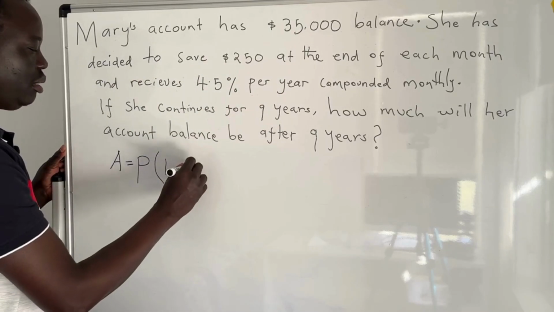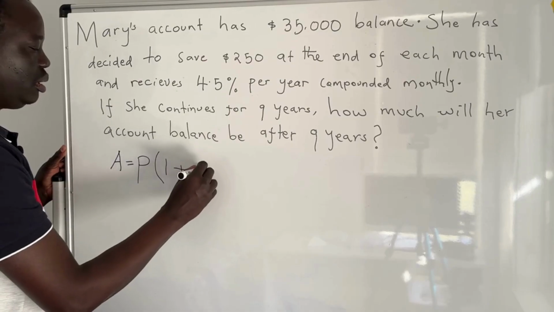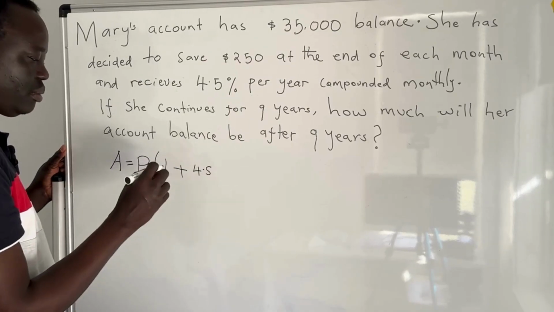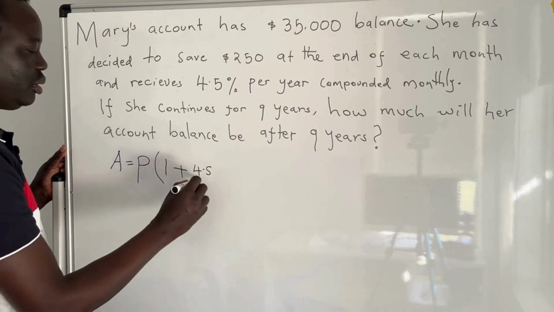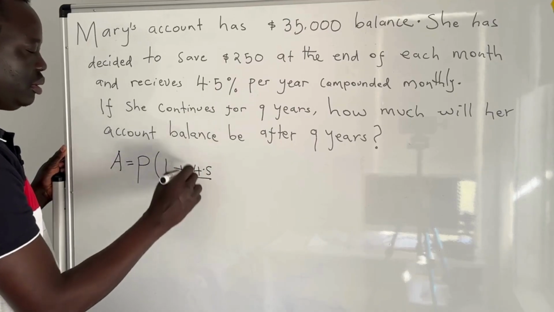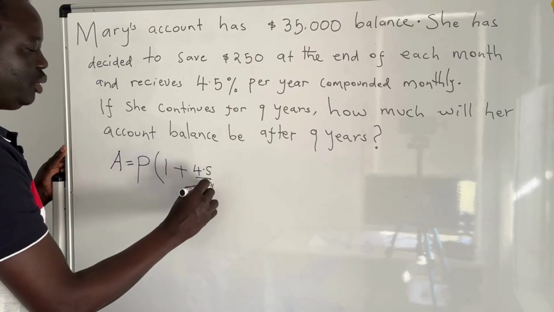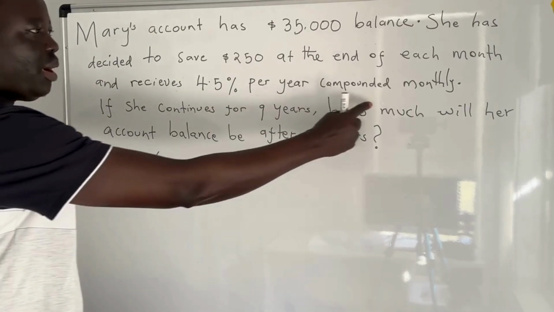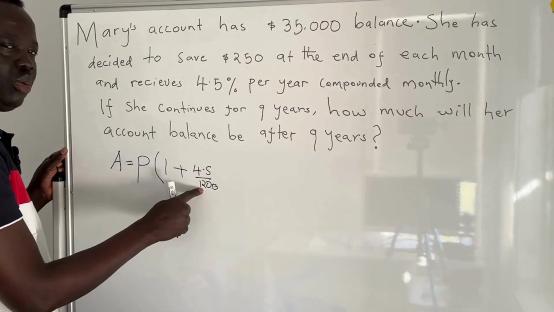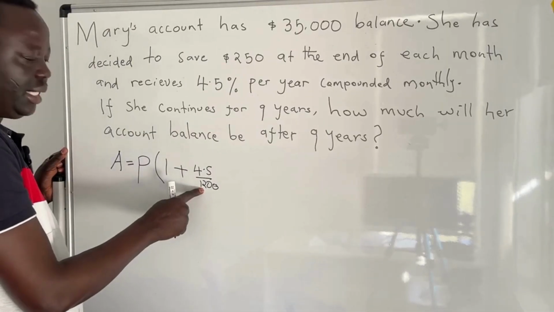So this one is 4.5 over 1200. Let's put it that way, because this one is compounded monthly. So there are 12 months in a year.